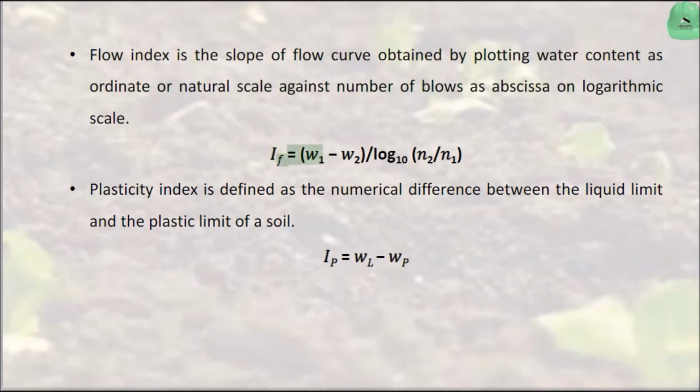IF equals (w1 - w2) / log10(N2 / N1). Plasticity index is defined as the numerical difference between the liquid limit and the plastic limit of a soil. IP equals wL - wP.